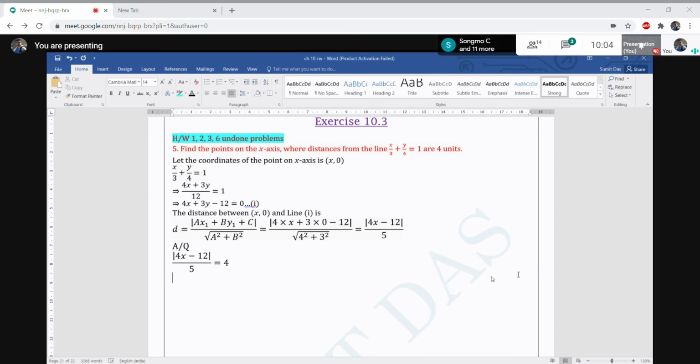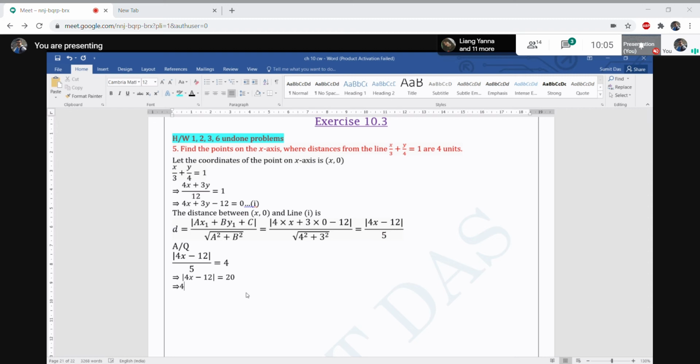Next line we can write, modulus of 4x minus 12 equals 20. Now we'll take out the modulus sign because here it is already given to be positive. Why do we use the modulus sign? Because the distance can never be negative, so you take the modulus sign to make it positive. Here it is already positive, so we will not write anything.